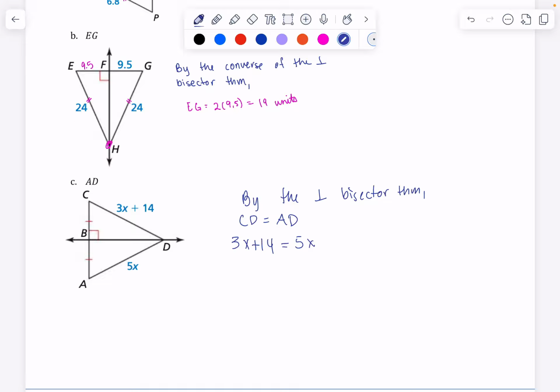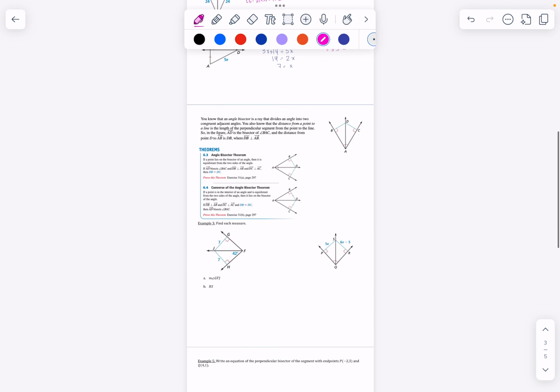So subtract 3x on both sides, divide by 2, and I get x equals 7. It doesn't matter which one I plug into since they're equal, so I'm going to plug into this one since it's easier. AD is equal to 5 times 7, which is 35 units. Okay, so that was the perpendicular bisector theorem.